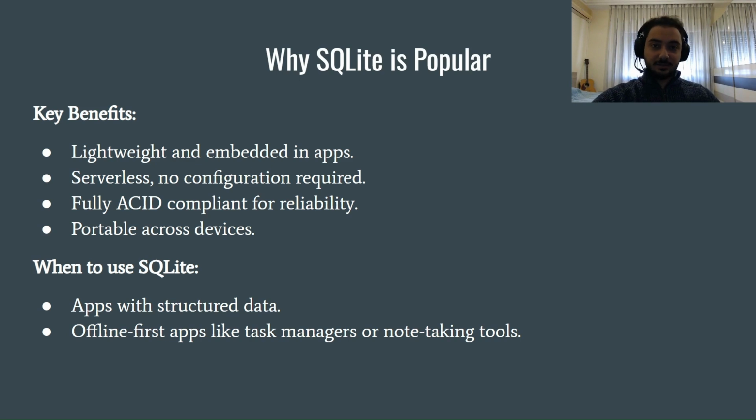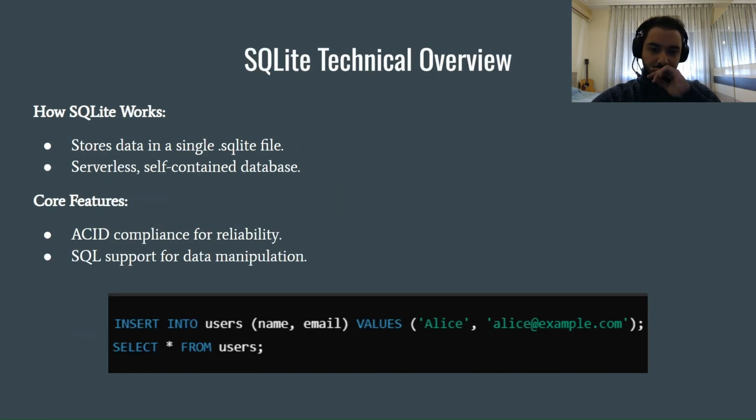Now that we're done explaining what ACID is, you might be wondering, how does SQLite work? Well, let me answer you. SQLite is a serverless database, as I've just mentioned before, where all data is stored in a single file, making it portable and easy to back up.